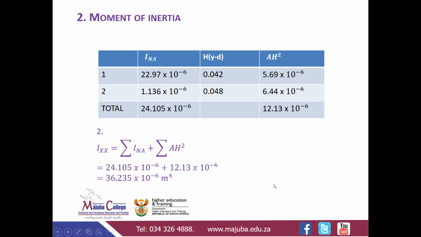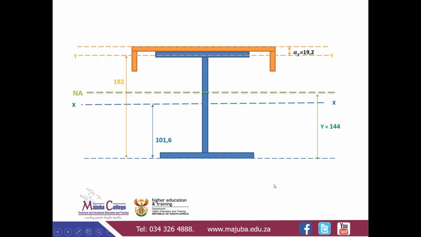So what will be your H distances? Your H distance now is a distance from your neutral axis to YY. So now your line of reference will change. It's no longer going to be this one where your beam is supported, but it's going to be your neutral axis. Your line of reference now will be your neutral axis to the centroid of your specific section.